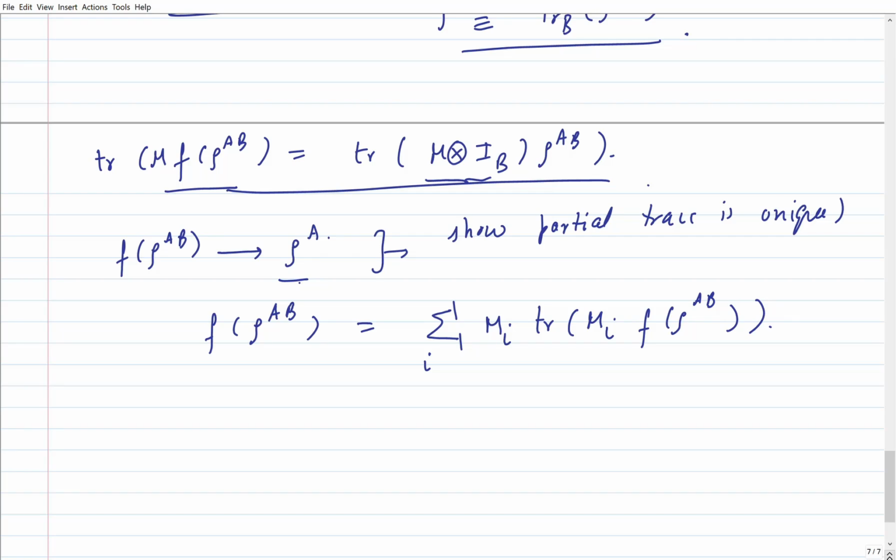That's just decomposing a linear map into some orthogonal components, where I define the inner product of X and Y to be trace of X†Y.